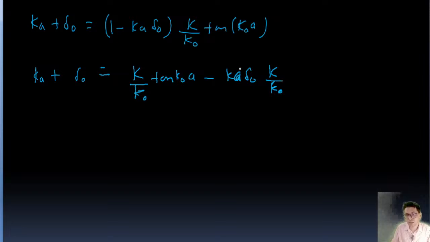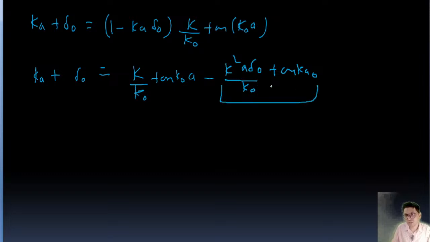I'll directly multiply and write it: minus k square a delta naught upon k naught into tan k naught a. This value is very small, guys, so we can neglect it.